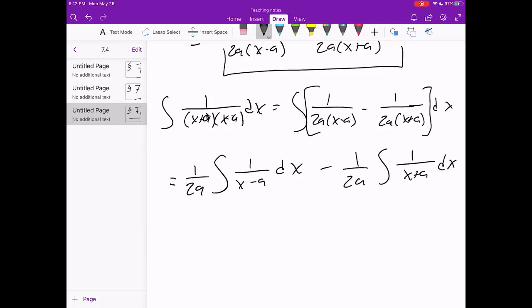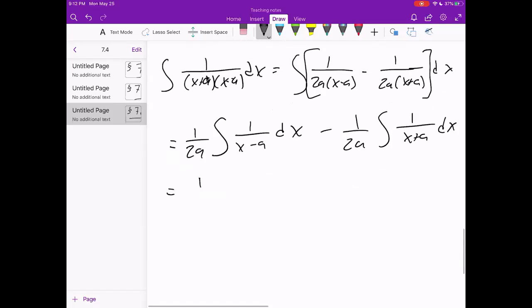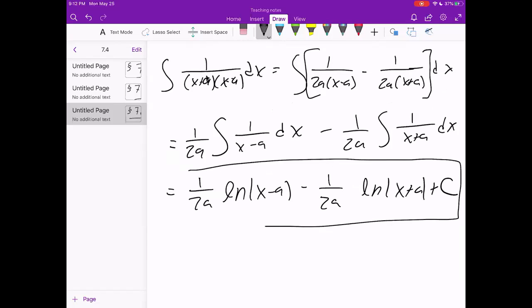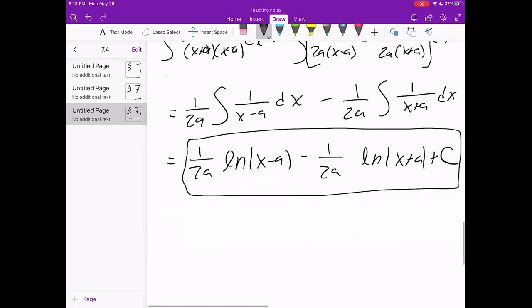I'm left with these integrals, and these integrals are doable. It's the natural log of x minus a, the natural log of x plus a, plus my integration constant. You can see that this process, even though it's kind of terrible, does allow us to do these integrals; the integrals that we get are much simpler.